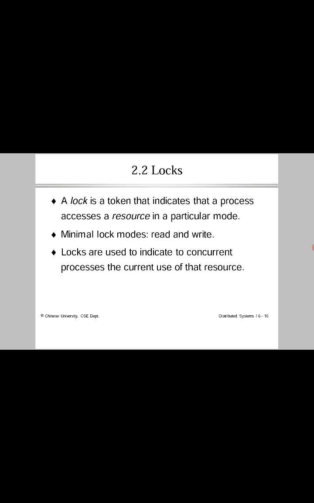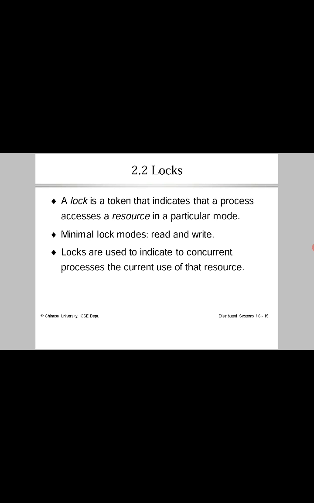Minimal lock modes are read and write. It means locking means we can lock many things, like reading of database records, writing of databases, updation of databases, and deletion, so many locks are there, but the basic ones are read and write.